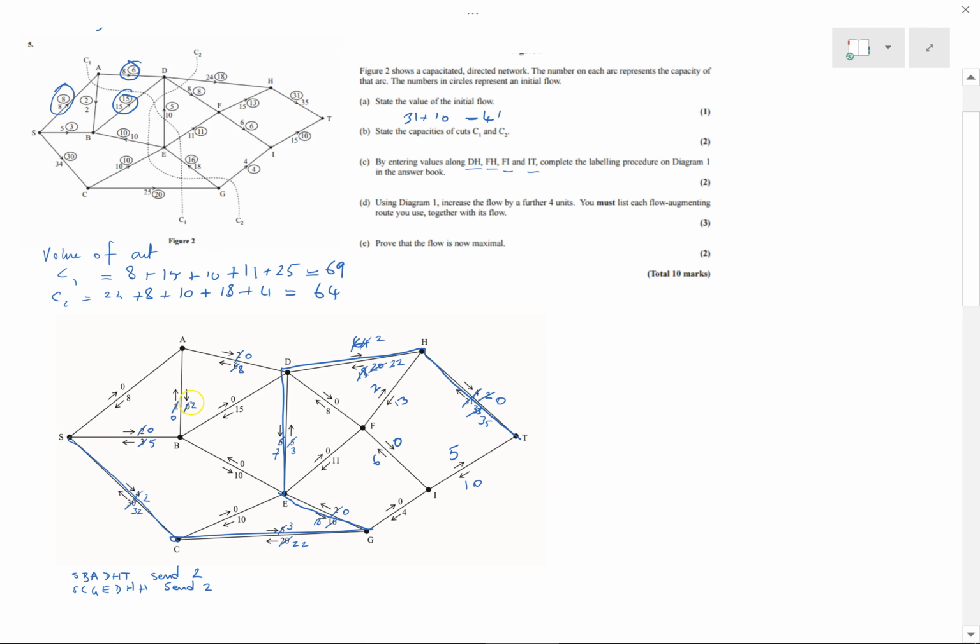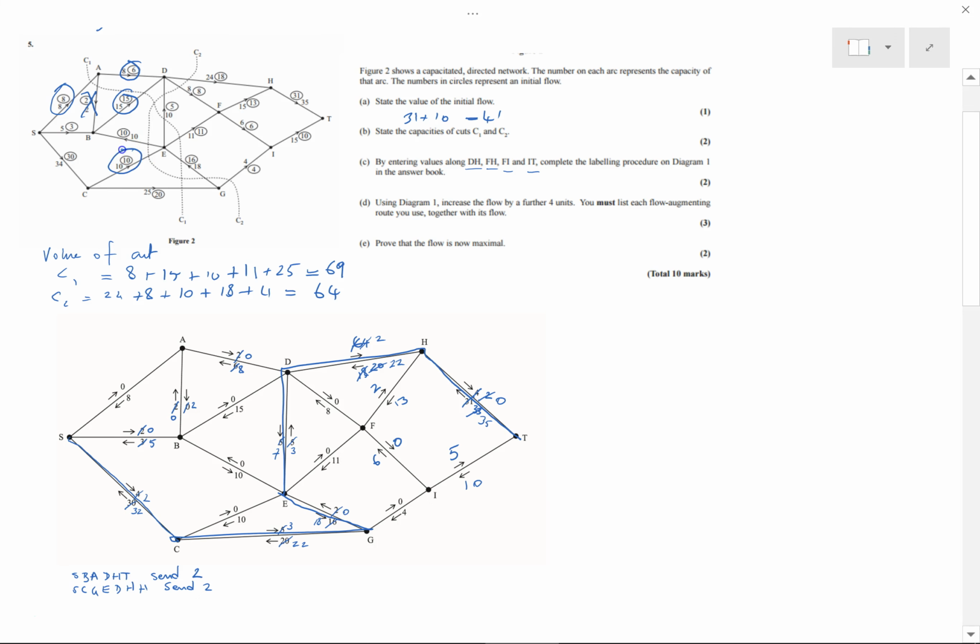The flow along here has actually been decreased. There's the example of backflow we could refer to. That's no longer capacitated now, because there was a flow of 2 from A to B. There's now a flow of 0 from A to B. So there's your example of backflow that I found, but anyway, it doesn't really matter.